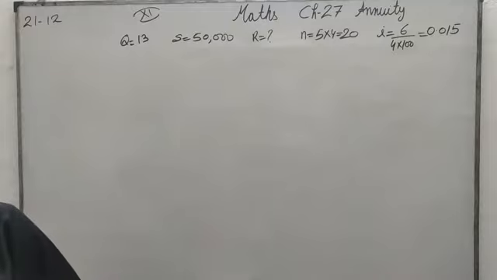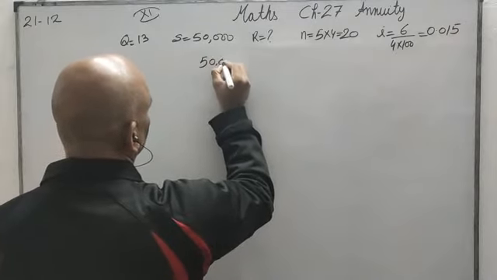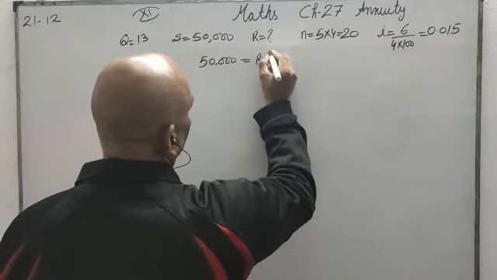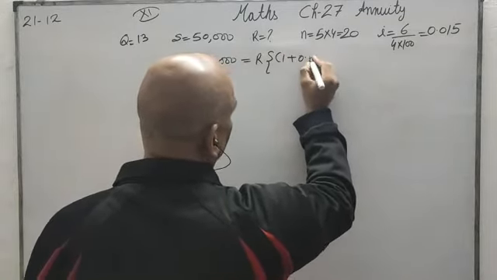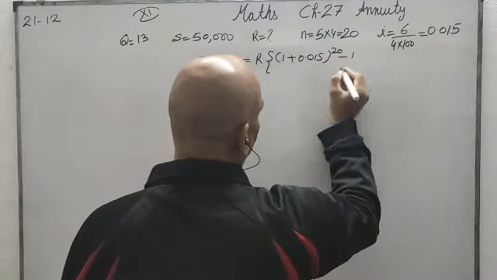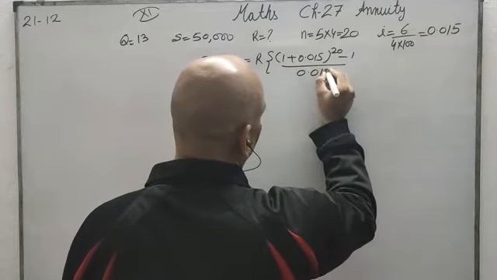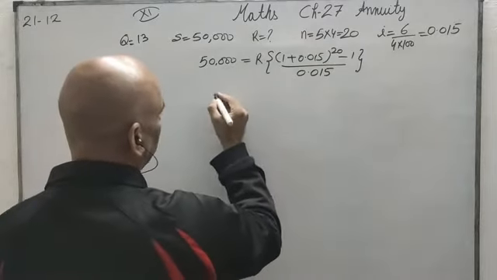Okay, now we want to get the value of R. So 50,000 is equal to R into 1.015 to the power 20 minus 1 upon 0.015. So what will happen? This will go this side and that will come down.